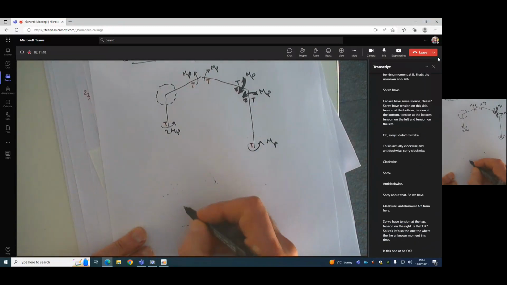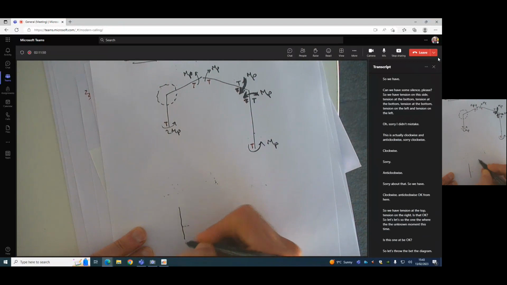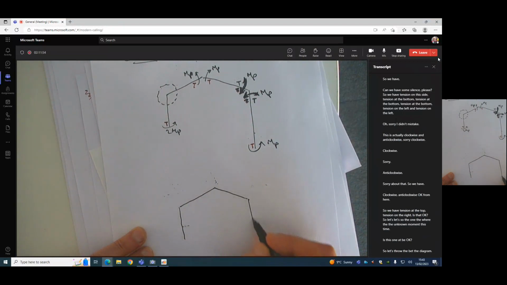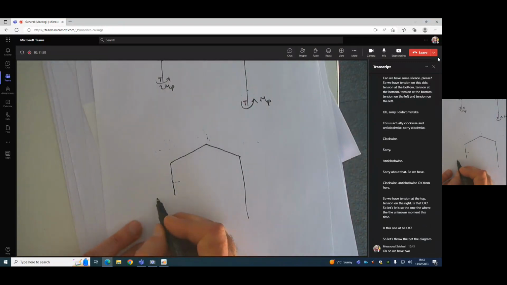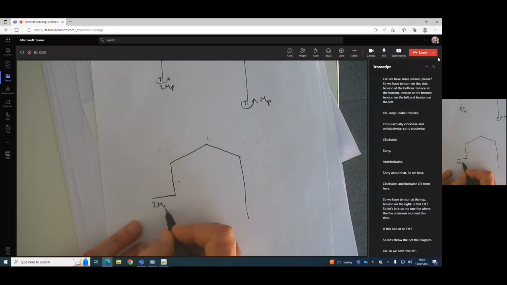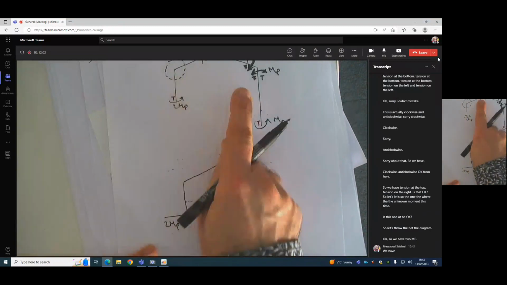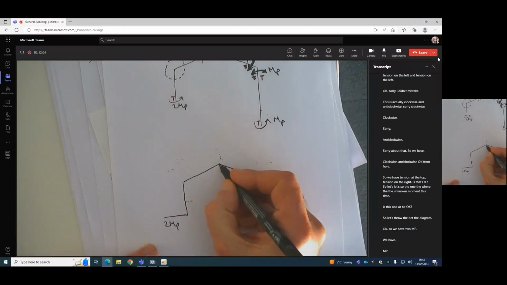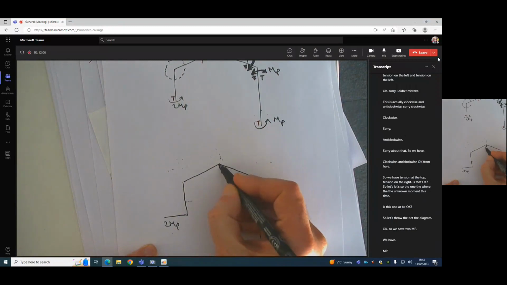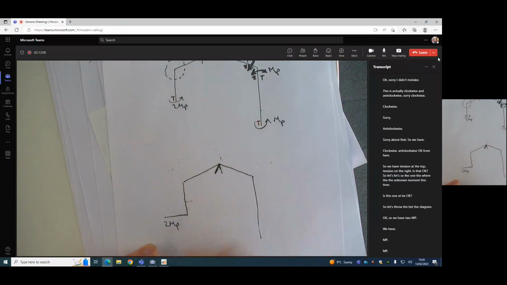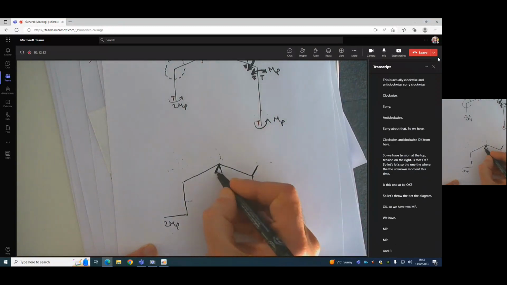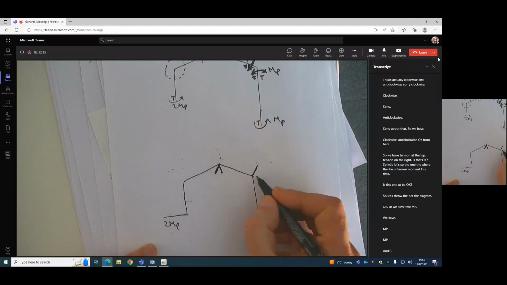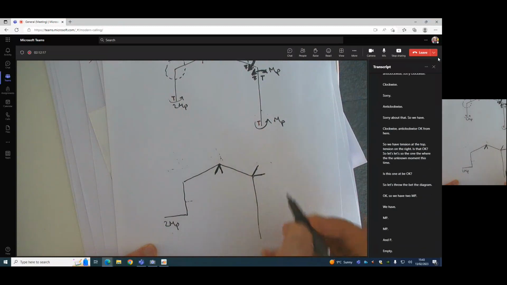So the unknown moment this time is this one at B, okay? So let's draw the diagram. Okay, so we have 2 MP, MP, MP, MP, MP, and MP.